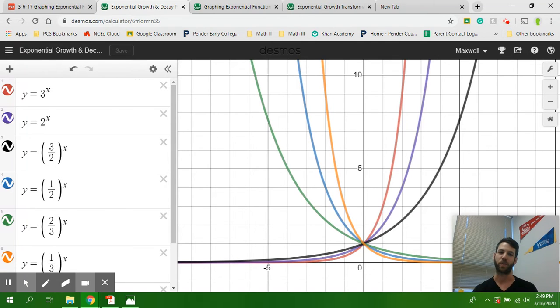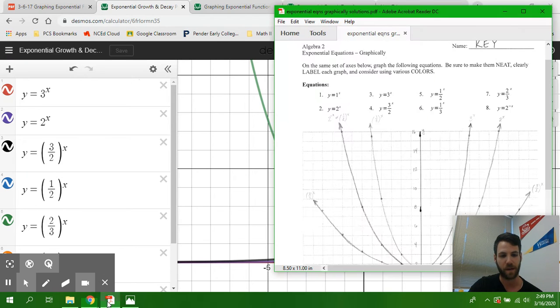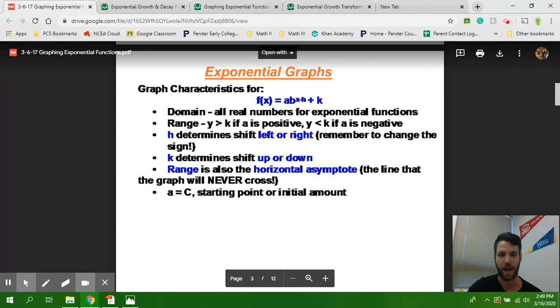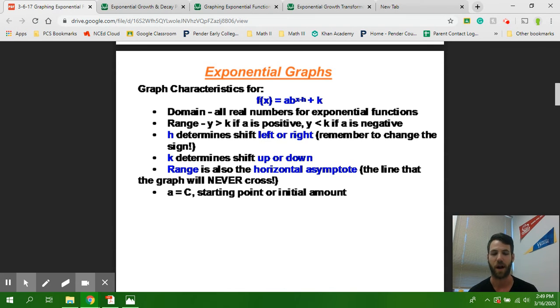The final thing we're going to be covering in this presentation is how our transformations will be working in more detail and what other vocabulary you might need to be on the lookout for. And we want to kind of transfer back to our notes here for a quick second and take a look at these exponential graph notes right here. So we can see that we have domain and range, which we should all remember from prior units.